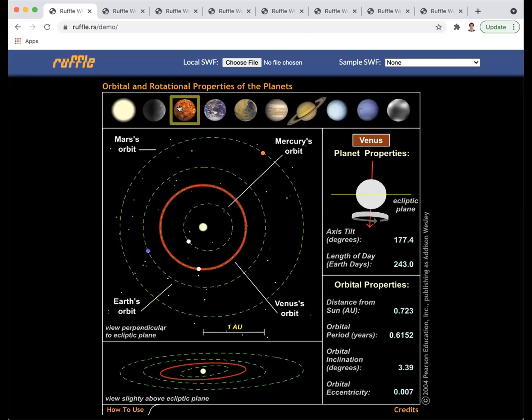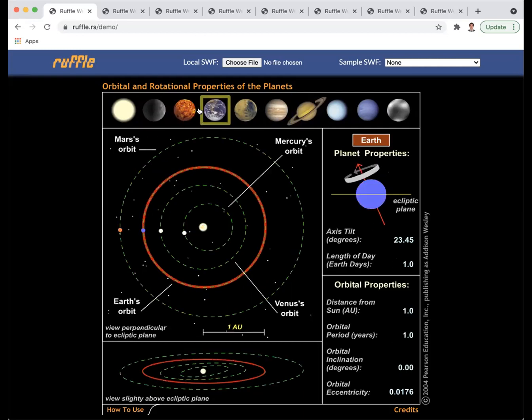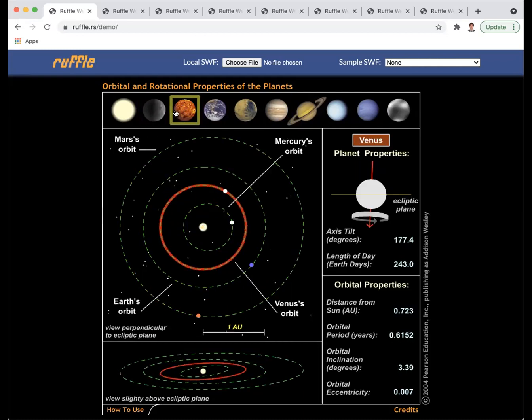We have Venus, and Venus has this axis tilt, which is 177, but it really depends on how you're looking at it. So you can look at it and say that this is not really the axis tilt, and the axis tilt is in this direction.